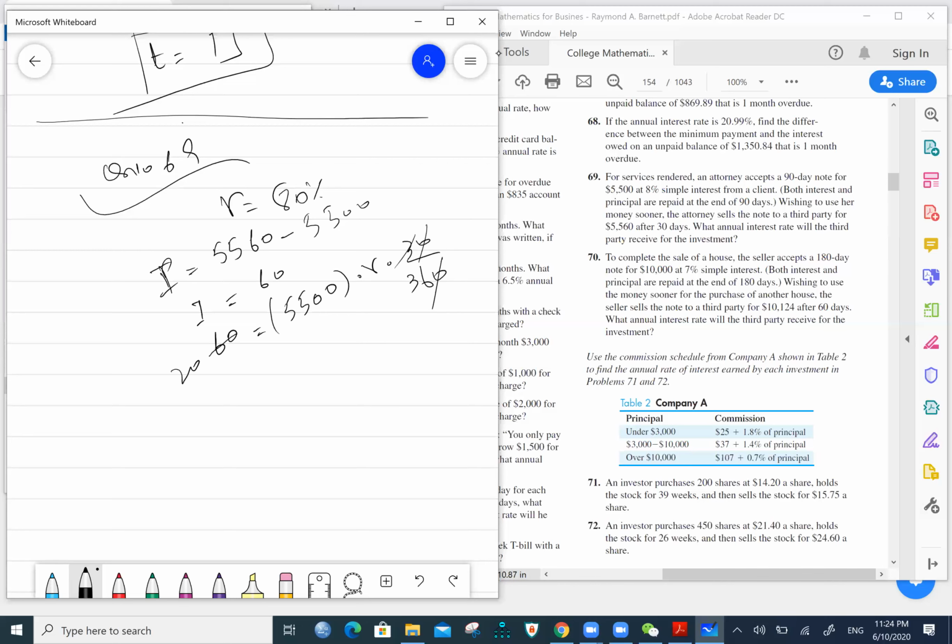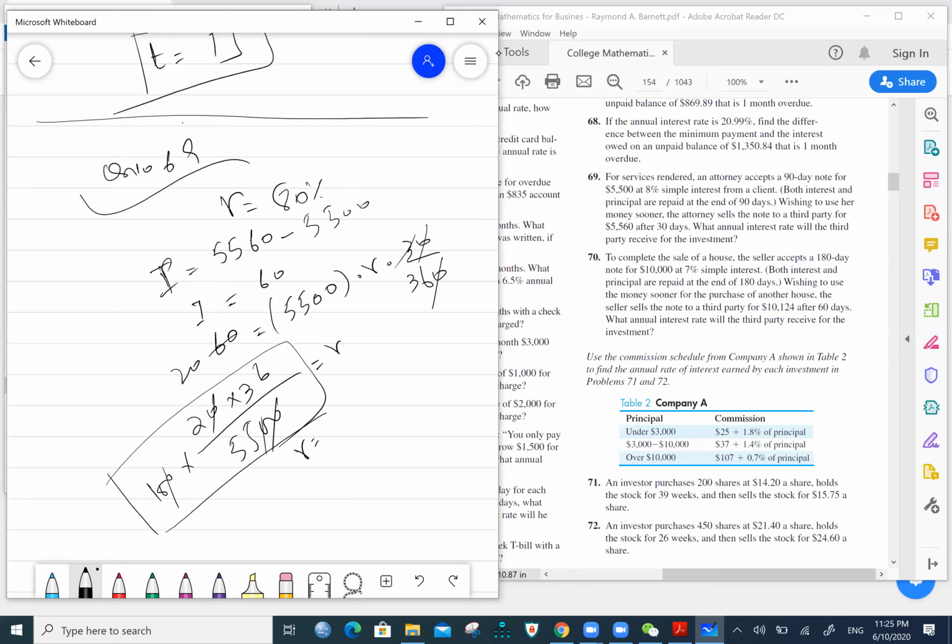So 20 times 36 over 5 equals R. Are you getting it? You can solve this, and after multiplying by 100 you get the annual interest rate in terms of percentage.